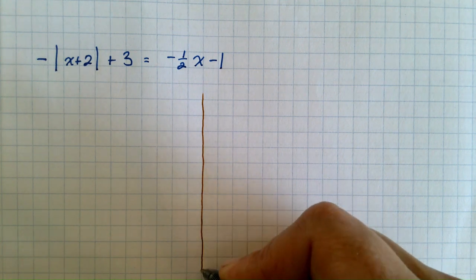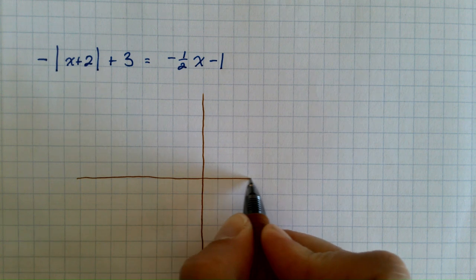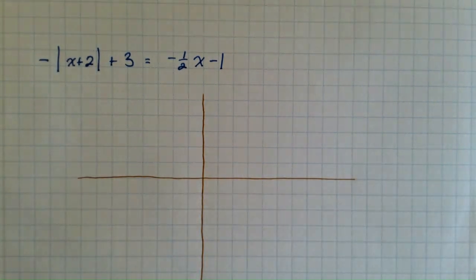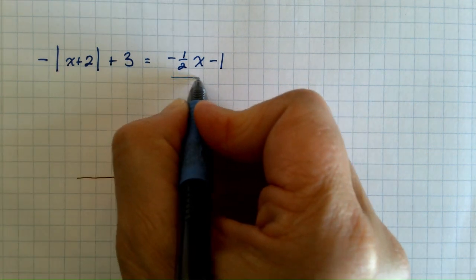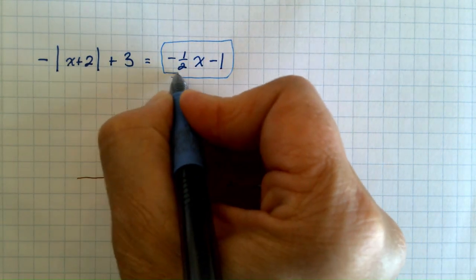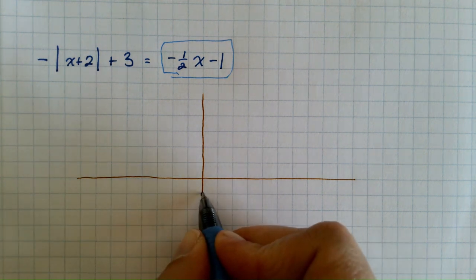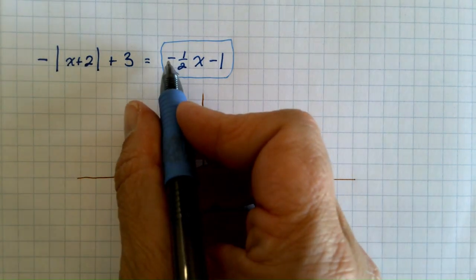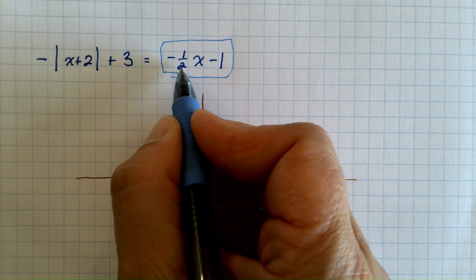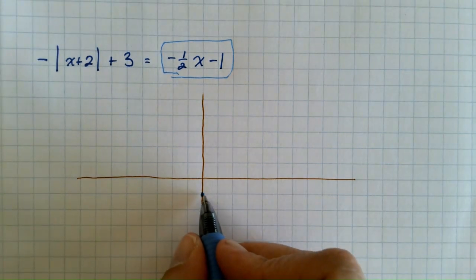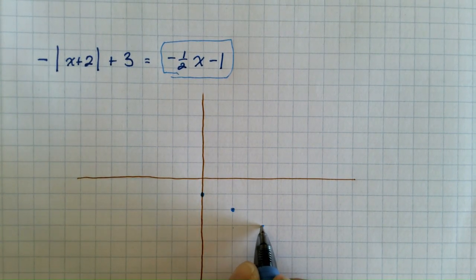And we're going to graph the linear side first. We will graph the linear side in light blue. So our y-intercept is -1, and our slope is -1 over 2, down 1 over 2, down 1 over 2.